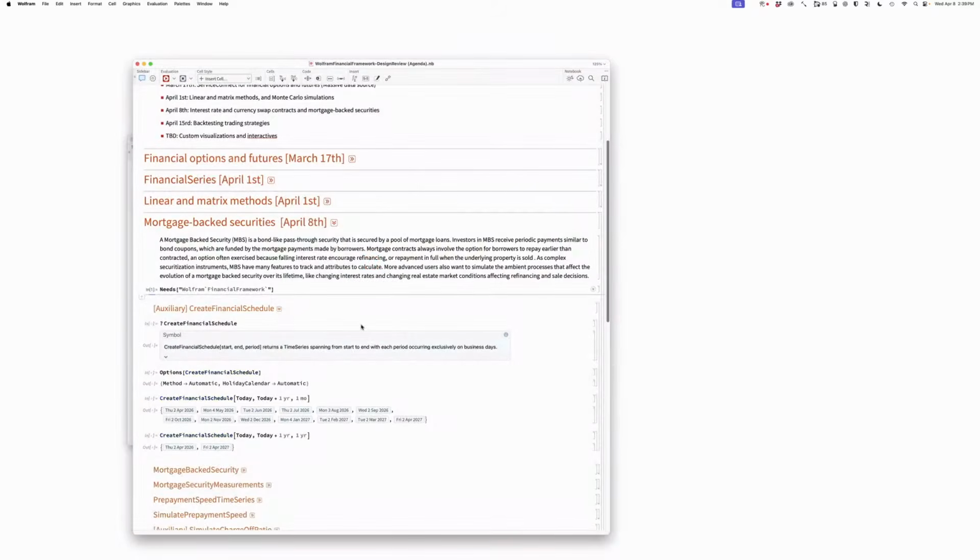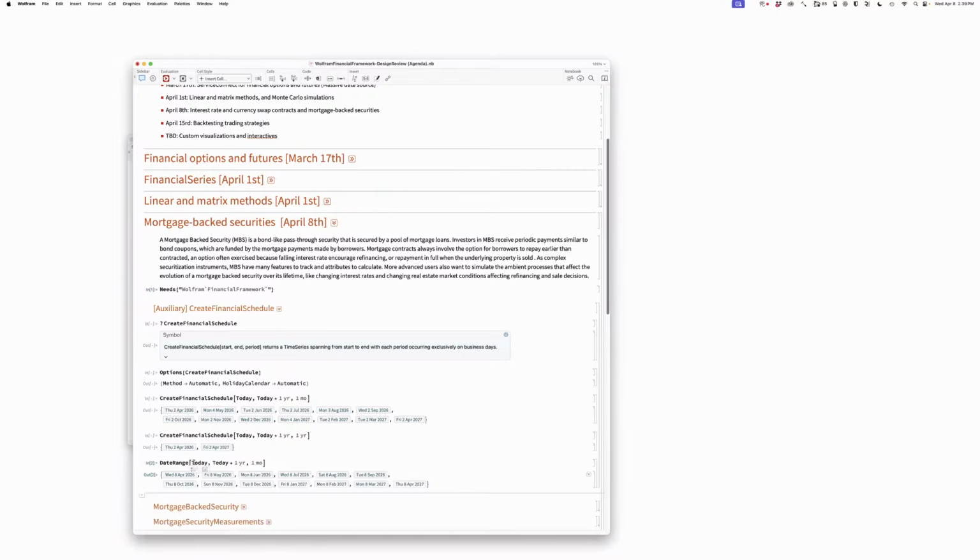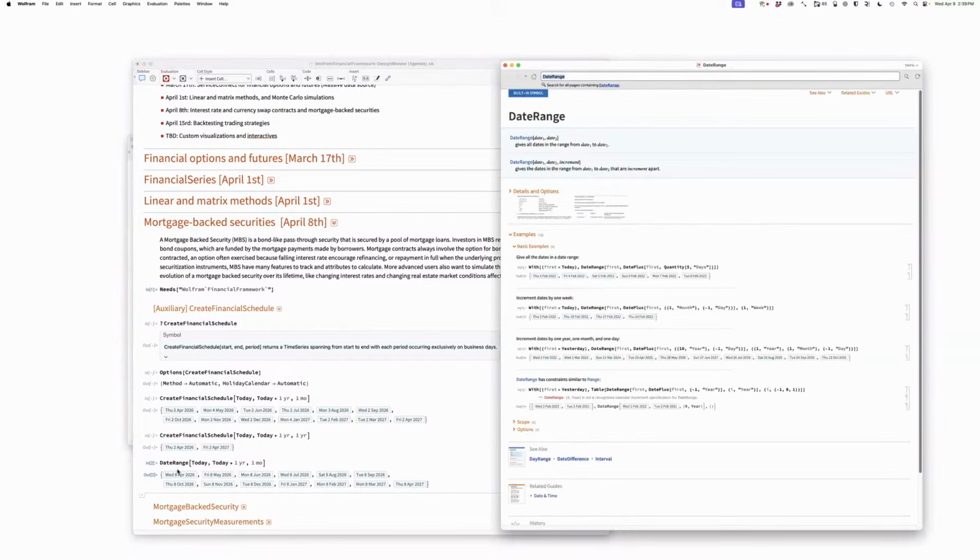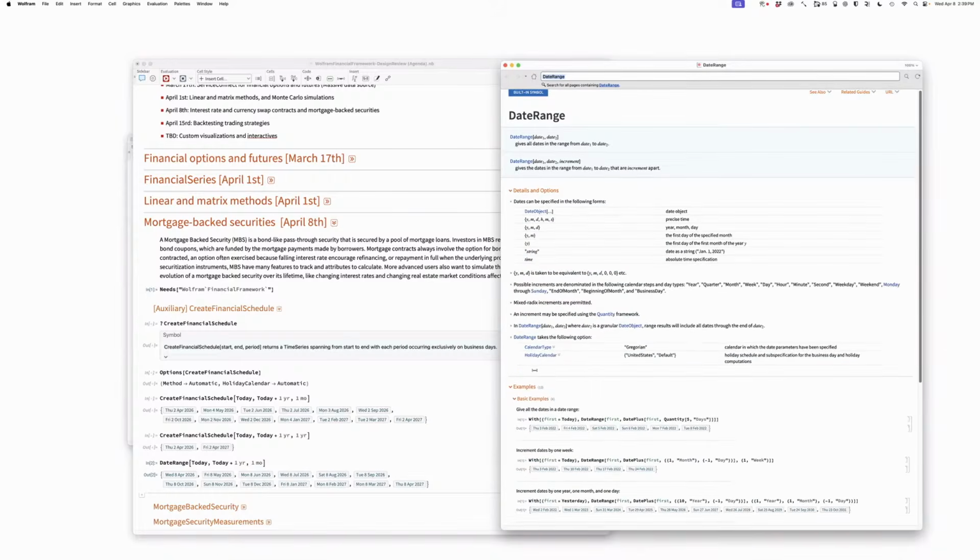Okay. All right. What is the relationship between this and DateRange? Very first question I thought you were going to ask, but go ahead. Yes, we know. So basically CreateFinancialSchedule should be done by DateRange. I realized only yesterday there is a slight overextension, because CreateFinancialSchedule is a periodic date range, but it happens only on business dates. Wait a minute, doesn't this say holiday calendar?